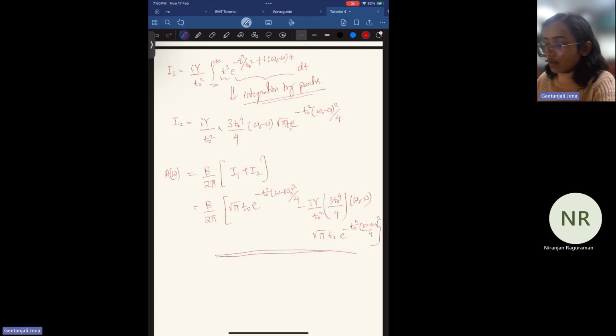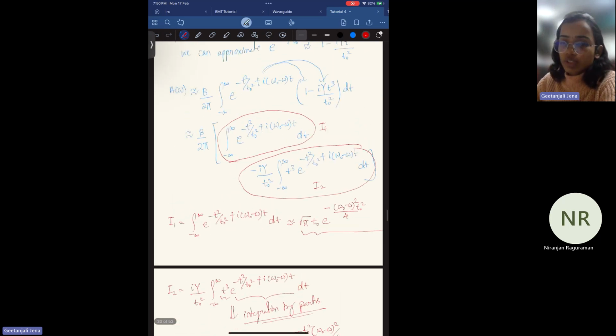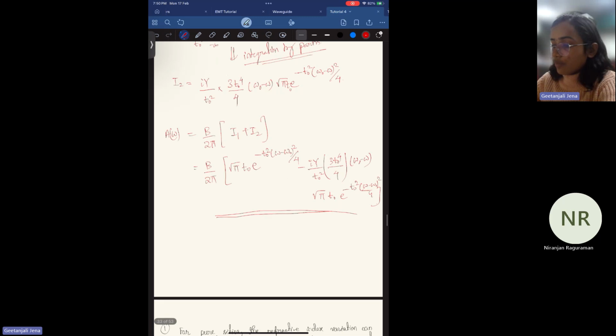This one seems complicated because it has a term which is proportional to t0. So this is the approximate formula for the spectral width. This is the approximation that we have made when gamma is small.